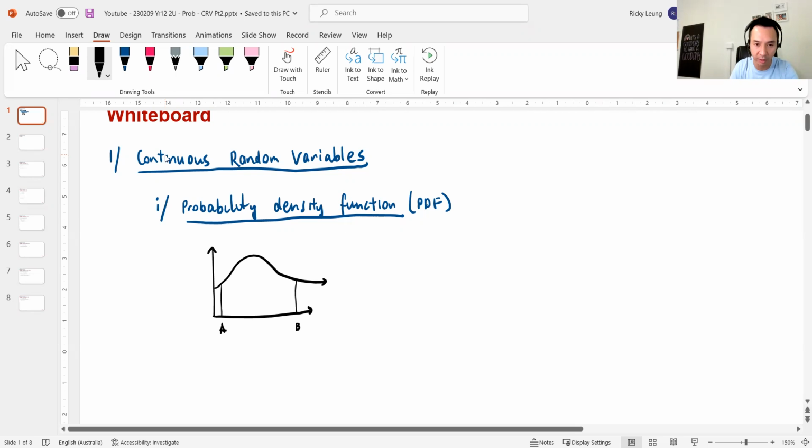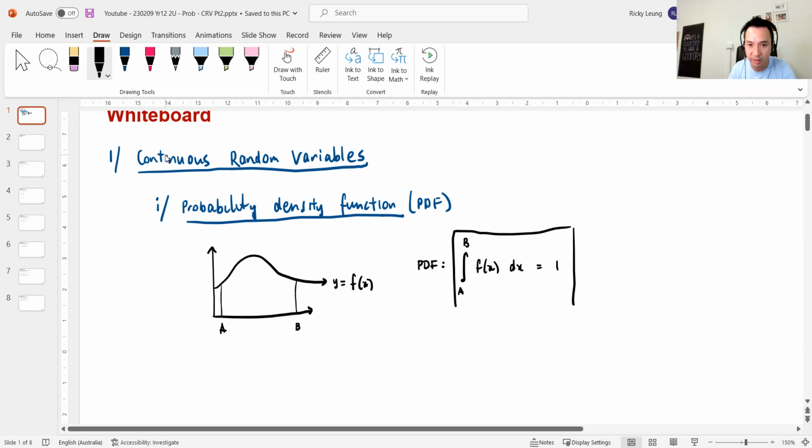They'll call it y equals f(x). The PDF says the total probability rule: the integral from capital A to capital B of f(x) dx equals 1. Similar to the total probability rule we use for discrete random variables, this is the PDF.